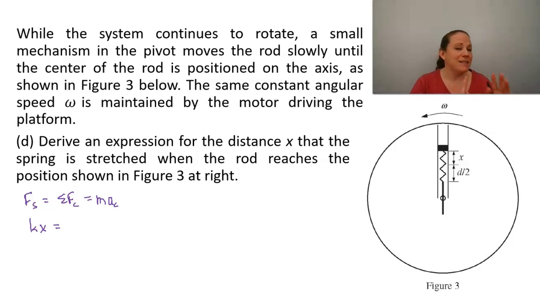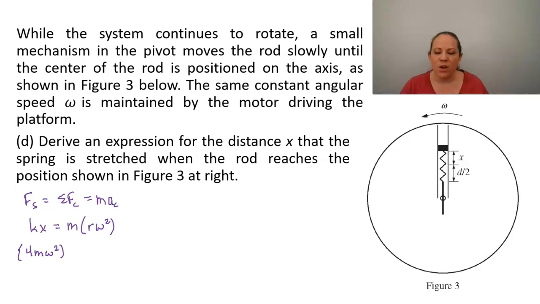We happen to use x in the diagram, but in general, the x I mean here is the general stretch of the spring. And that's going to be equal to m times r omega squared as before. Well, we got a spring constant before of 4m omega squared. And as mentioned, x is actually the symbol we're using for this particular amount of stretch of the spring. So we'll leave the x there.